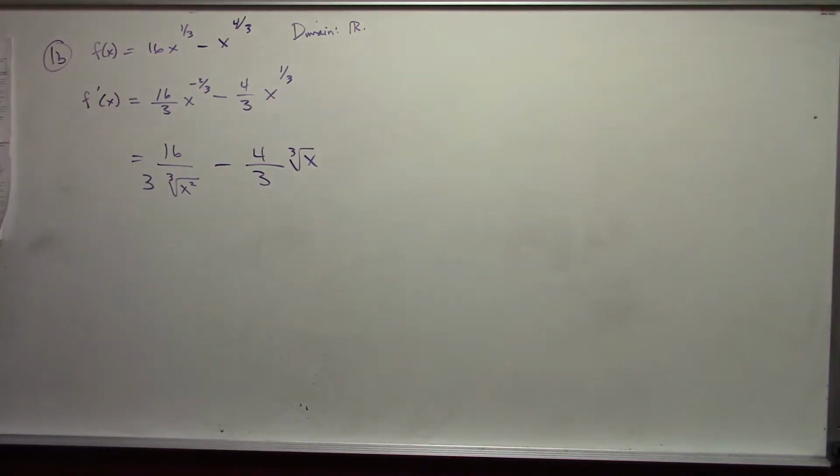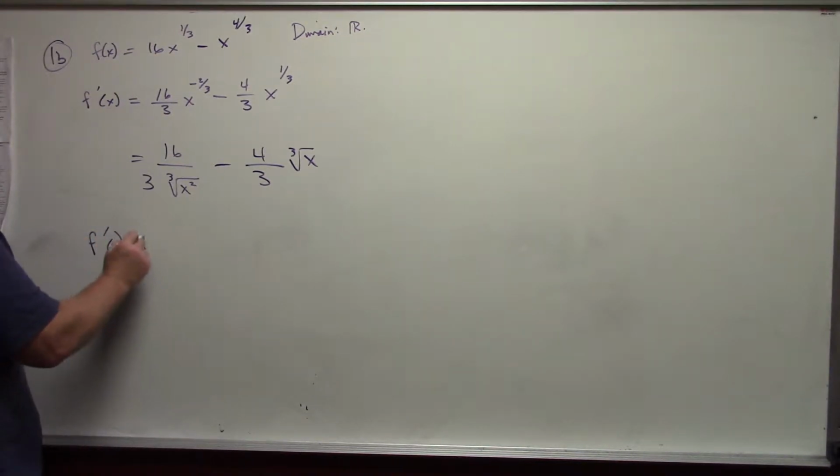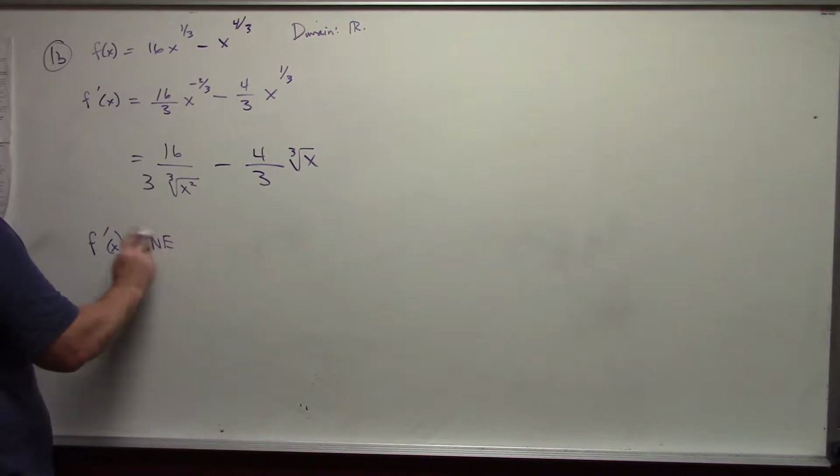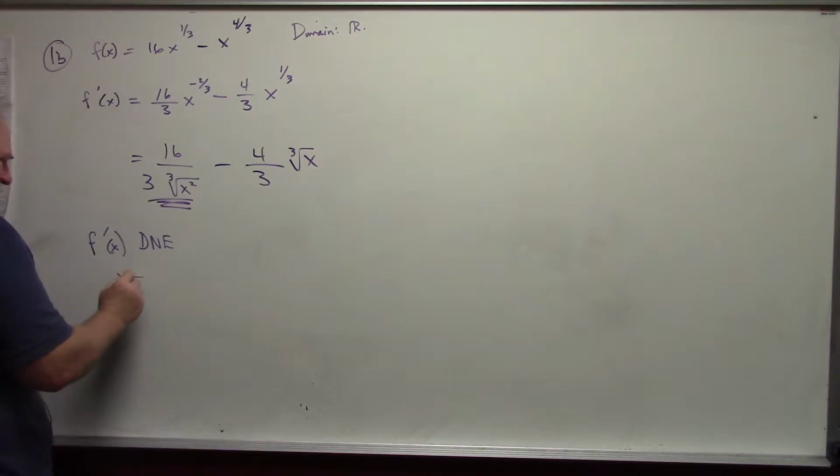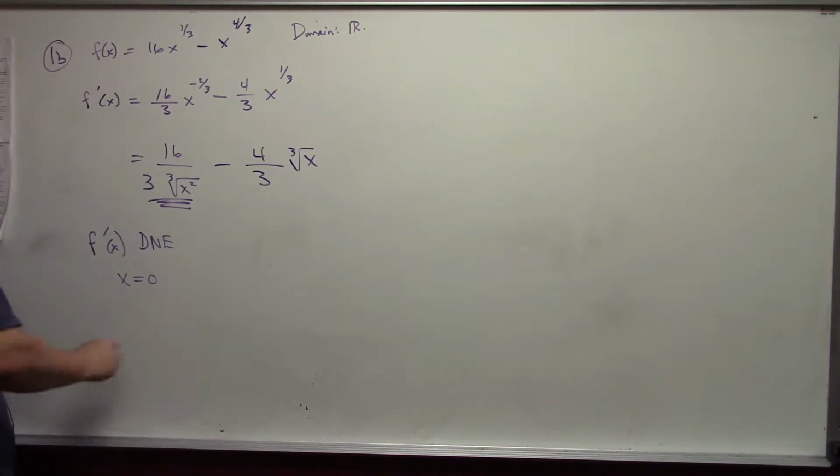And notice here, first thing you should recognize, f prime of x does not exist when my denominator is 0, and so therefore it does not exist when x equals 0. Since my domain is all reals, this is a critical value.